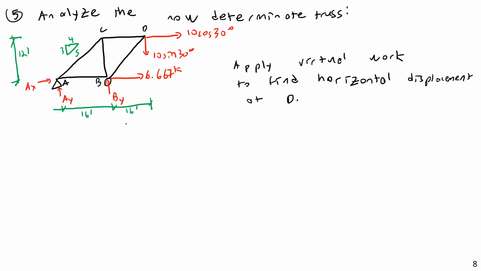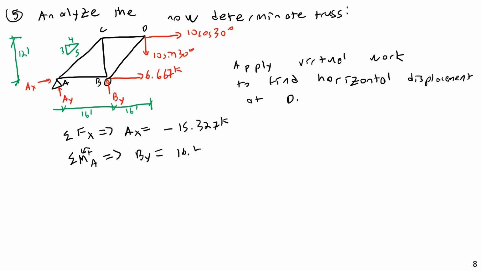Okay, so first of all, let's get the forces, and this one really isn't too bad. If you do a balance of forces in the x direction, that will lead you to that AX is equal to, this one's very easy to solve, negative 15.327 kips. If you do a sum of moments about point A, counterclockwise positive, that will tell you that BY is equal to 16.495 kips upward.